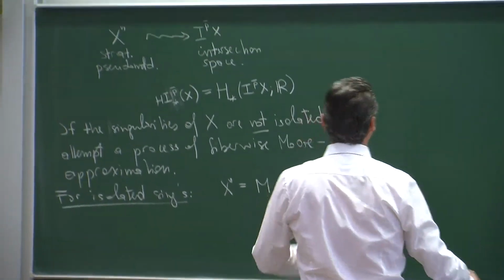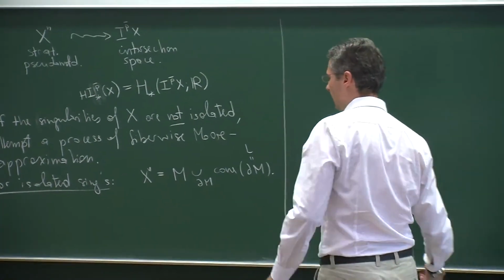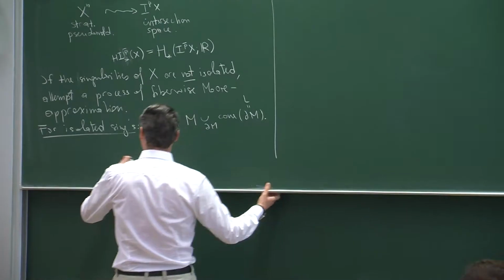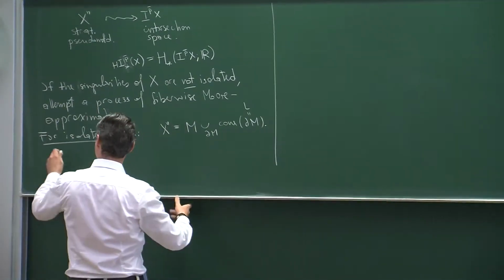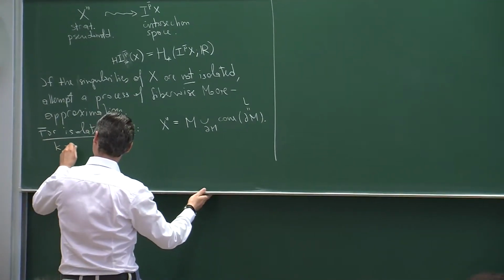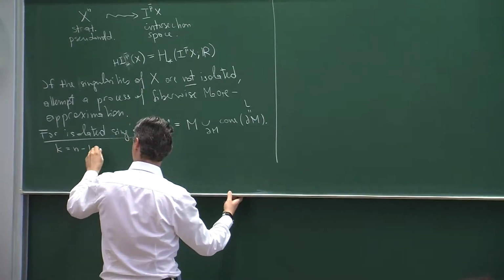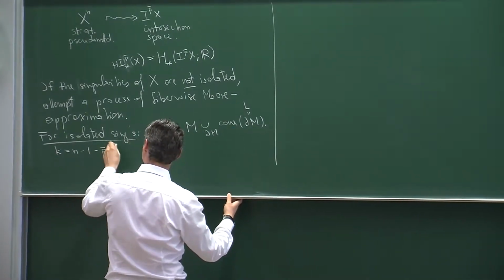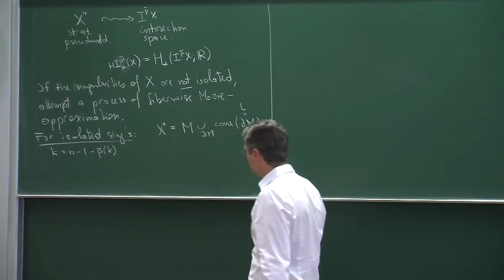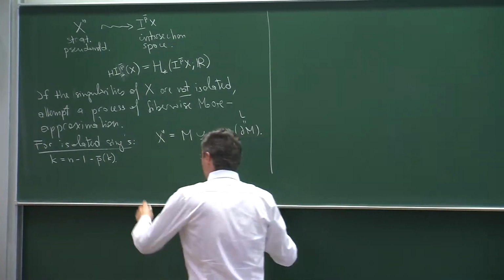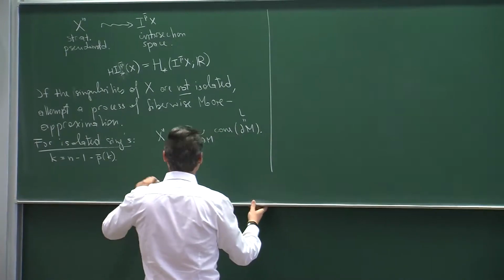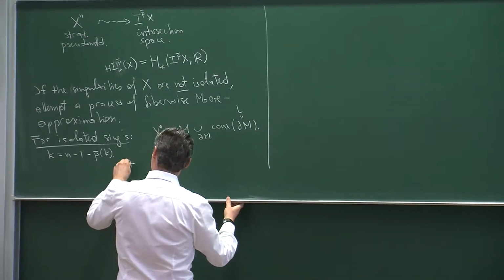And what happens is the following. First of all, there was a cutoff dimension involved. If you remember, we said last time that we would take k to be n minus 1 minus p of n, where n is the dimension of X. Then depending on that cutoff, the answer is the following.